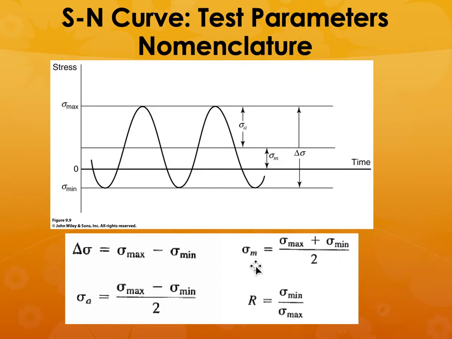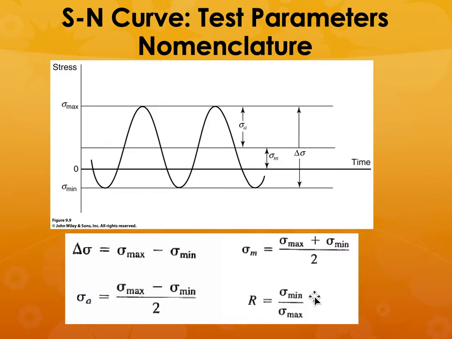So the median stress is the maximum plus minimum by 2, and the delta stress is equal to maximum minus minimum, or you have an average, this is the average, and this would be the amplitude, and that would be the maximum minus minimum by 2.